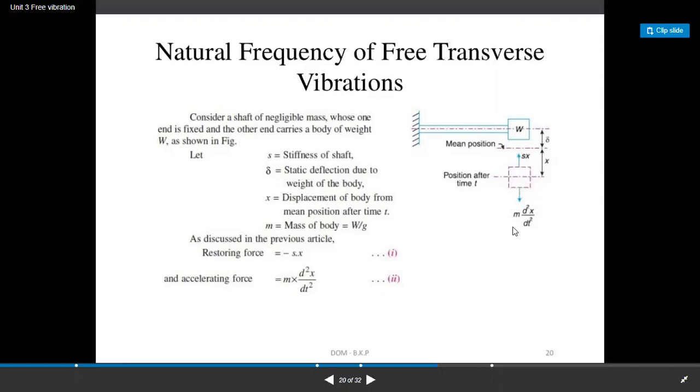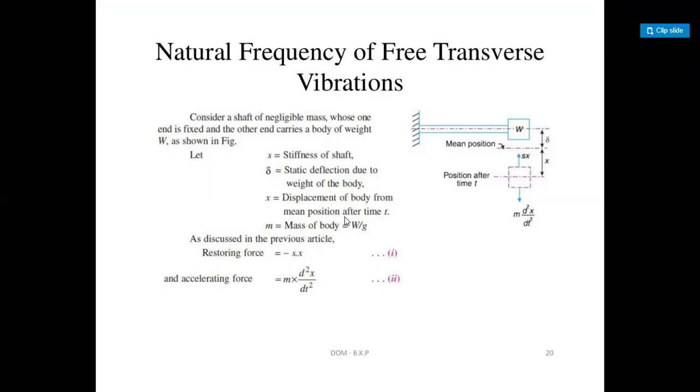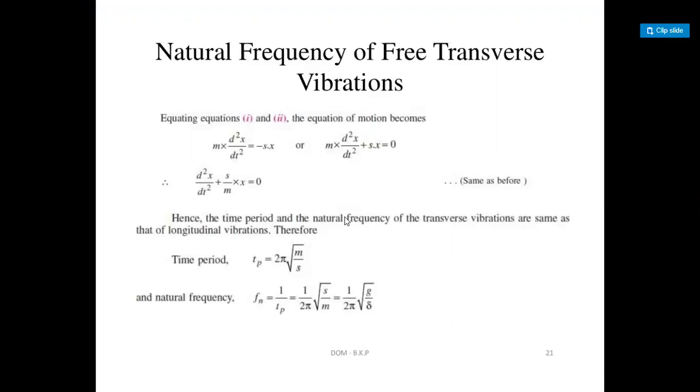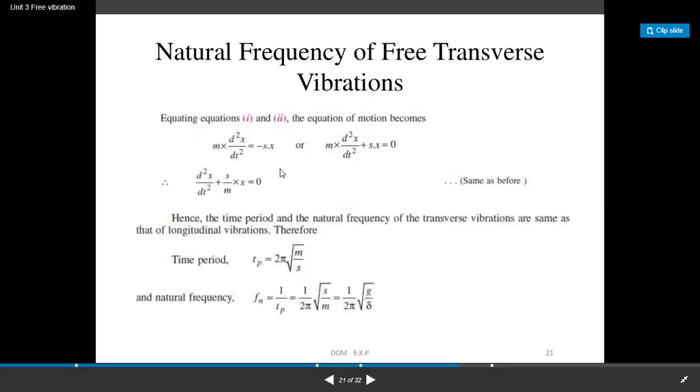The accelerating force generated is m d square x by dt square, which equals s into delta plus x. Here sx is the restoring force, where the accelerating force is m d square x by dt square, so m d square x by dt square is equal to minus sx.